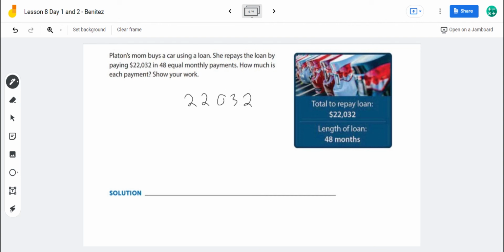22,032 divided by 48. Now this one isn't as easy to add in our heads mentally as the last one is. So multiples of 48. 48 times 1 is 48. 48 times 2, I'm going to do some math over here, or 48 plus 48, whichever one you prefer. 96 would be the second multiple.